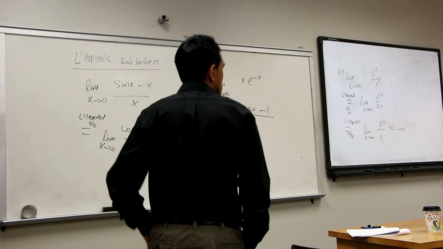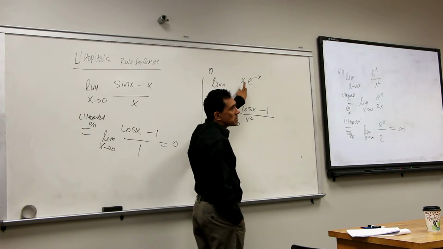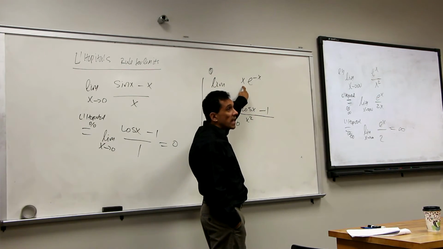This one I write as a fraction. How do you write this as a fraction? x over e to the x.